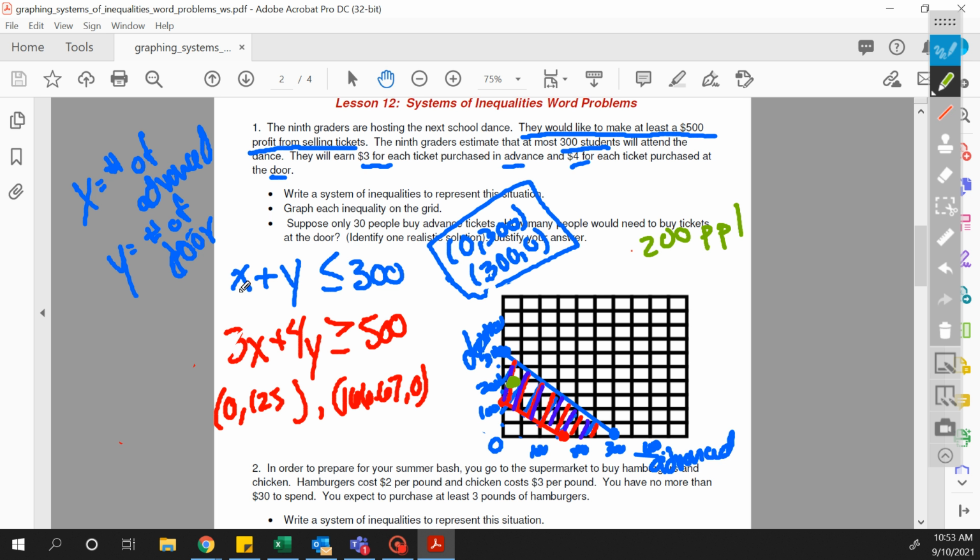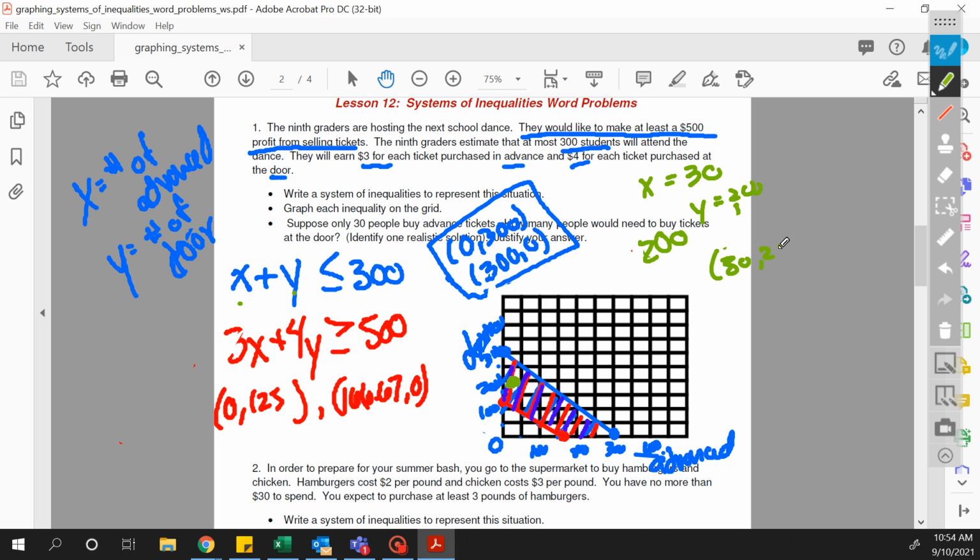And you can see that 200 people plus 30, sorry, I messed that up. Because I'm looking for people that buy, so I have 30 people buy in advance. The number in advance, that's the x-axis. So 30 people on the x-axis. Yeah, that's fine. So we would say 200 people. So if x is equal to 30, then y could be equal to 200.